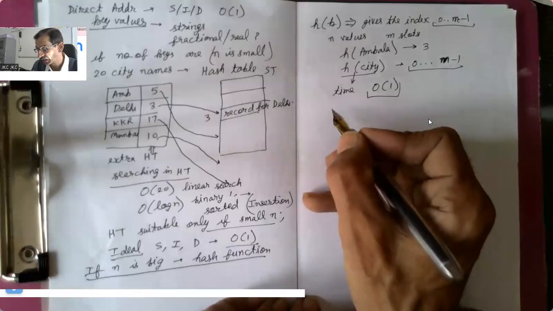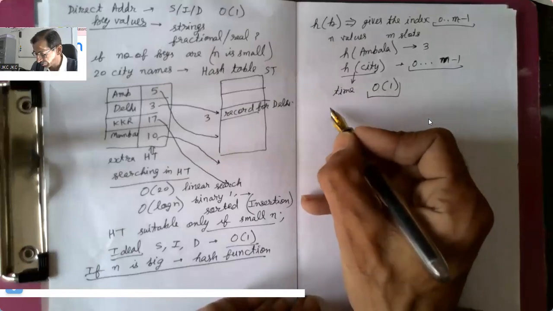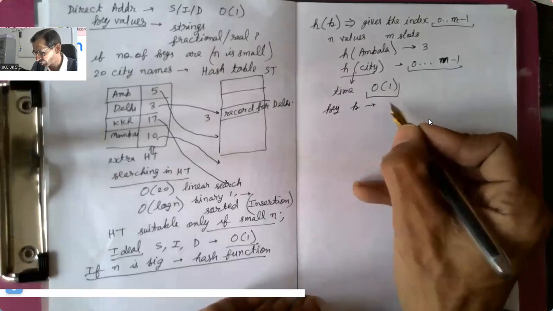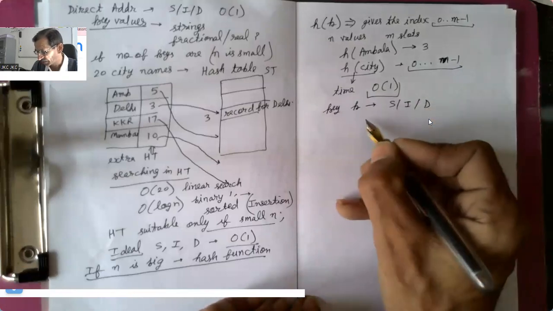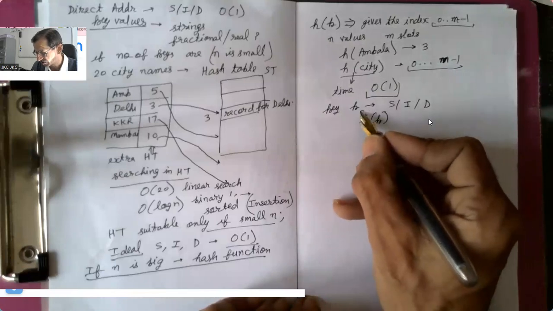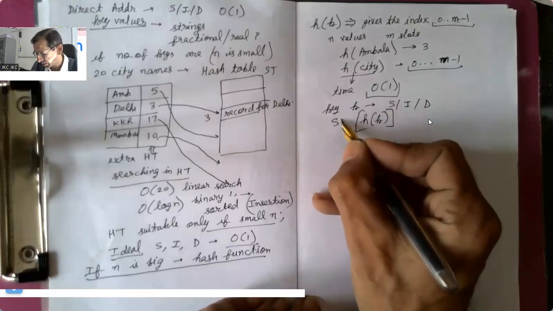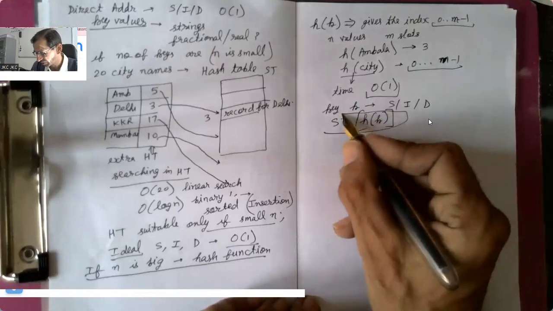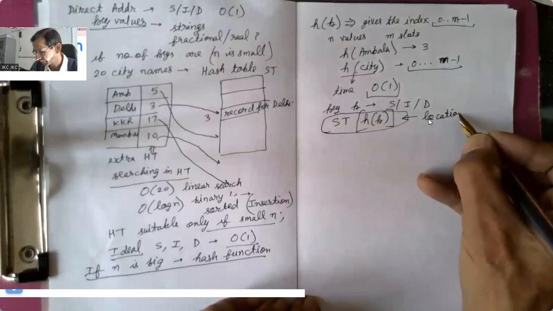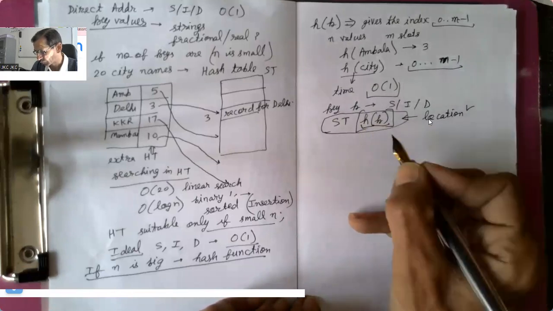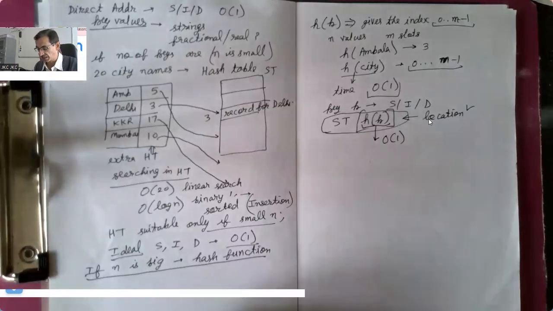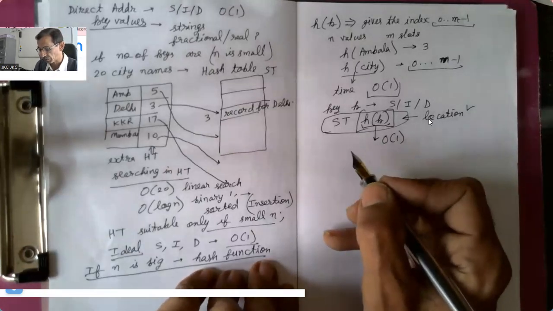So whenever I'm given a key value k which I want to search, insert or delete, I will apply h of key, and this becomes the index. In the hash table, slot T of s is going to be the location for the storage or the search. If I am able to do this calculation in order of 1 time, I can probably achieve good performance.